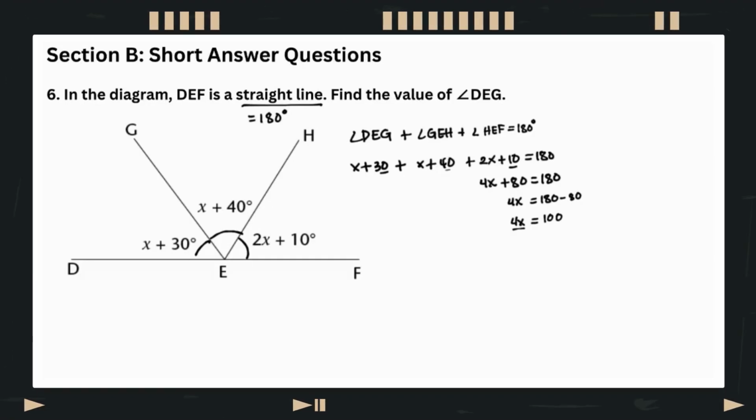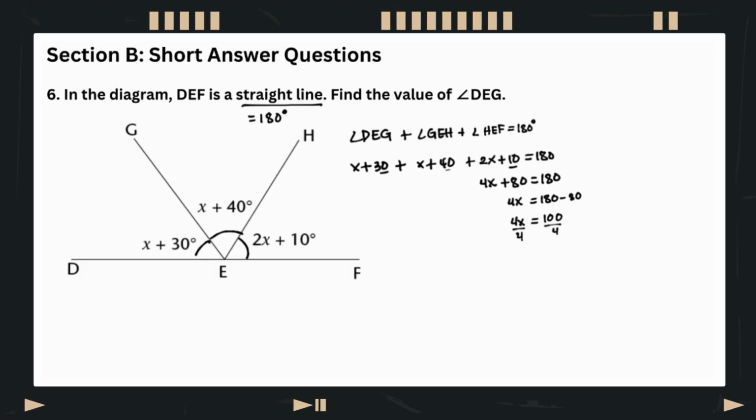Equate x by dividing both sides by 4. So the coefficient is 4. x is equal to 25. Now, we found already 25 degrees. The question is not asking us to find x, but to find the value of angle DEG.